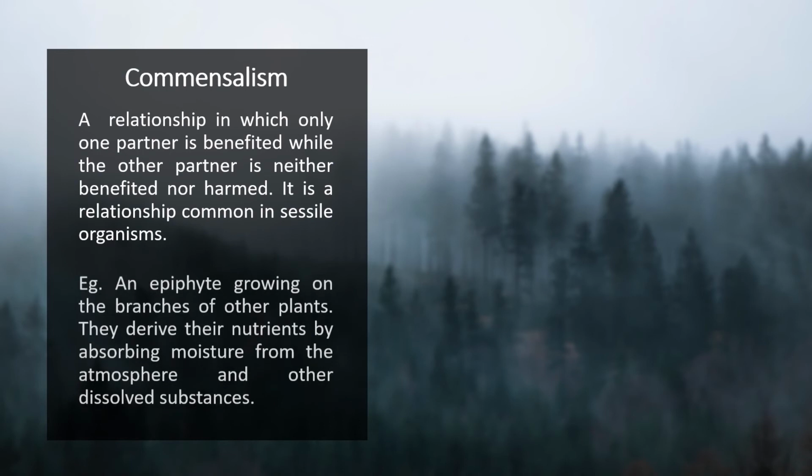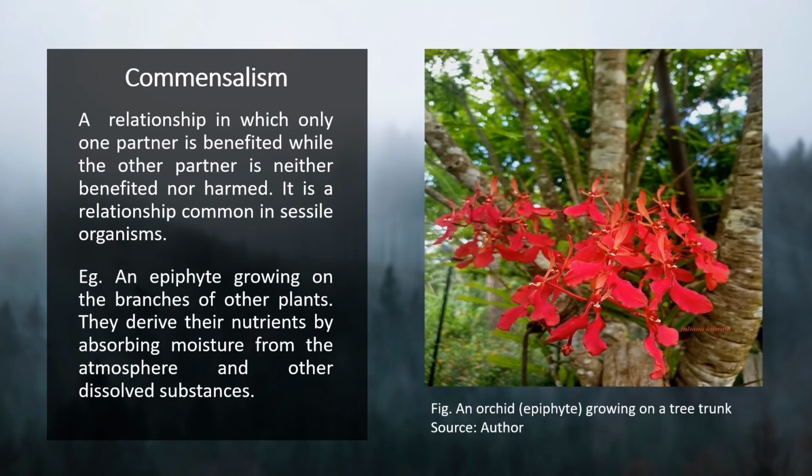Now this is an example of commensalism. One of the partners is benefited while the other is neither benefited nor harmed. It is a relationship which is commonly seen in sessile organisms. So you can see a beautiful orchid, a red vanda, growing on the tree trunk.